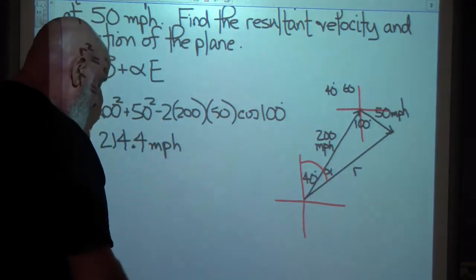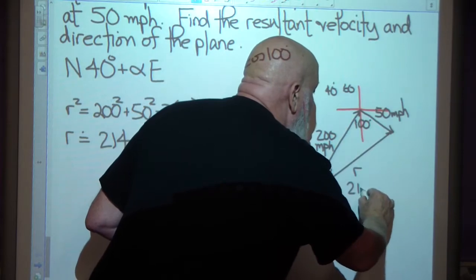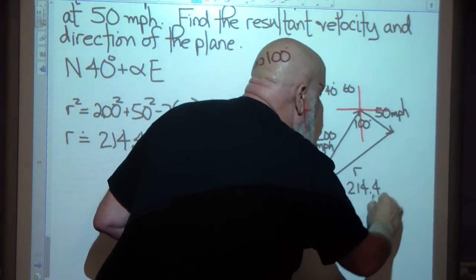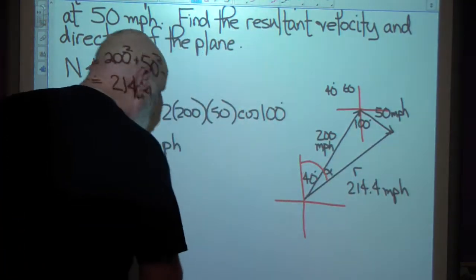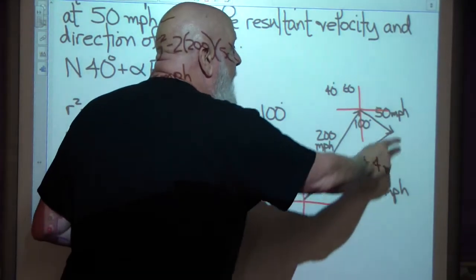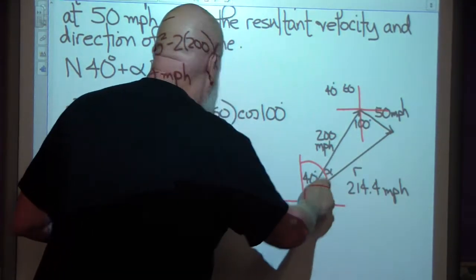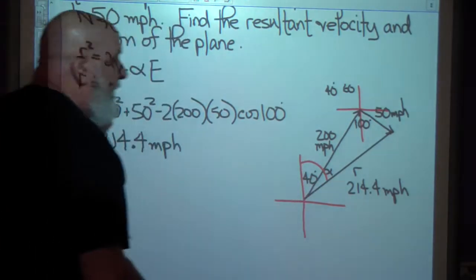And I can use the law of sines now. I got this for 214.4 miles per hour. And I can say, well, 214.4 is to the sine of 100, as 50 is to the sine of alpha. And once I find alpha, I add it to 40, and that'll give me my direction.